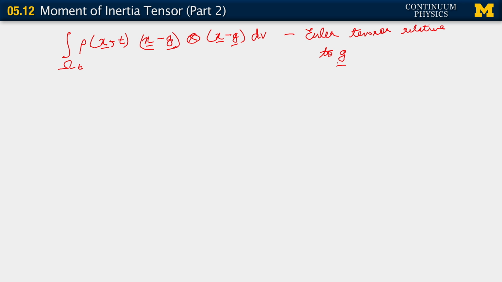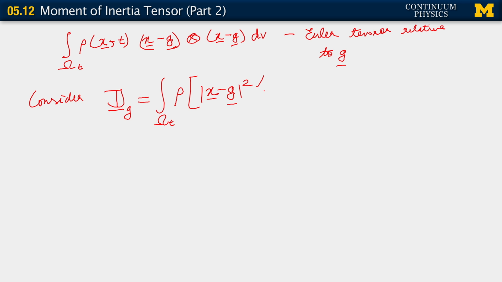And the other thing I want to point out is the following fact. Consider Jg, which is integral over omega t rho, x minus g Euclidean norm square isotropic tensor minus x minus g tensor x minus g.